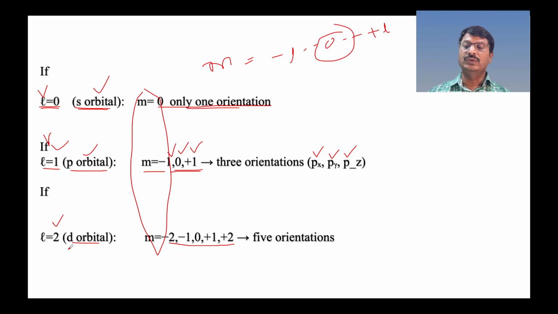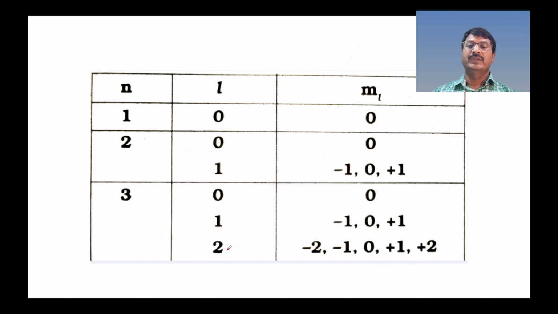If L is equal to 2, d orbital contains 5 orientations, that is minus 2, minus 1, 0, plus 1, plus 2. These are also known as dxy, dyz, dxz, dx square minus y square and dz square. So like that, the m values depend upon the L value.